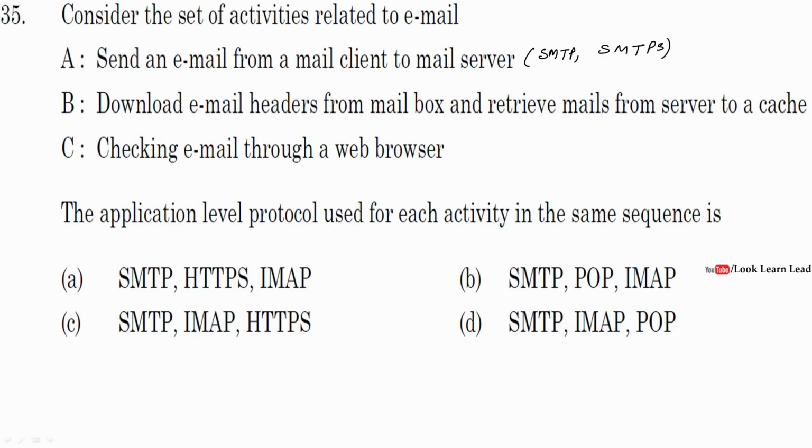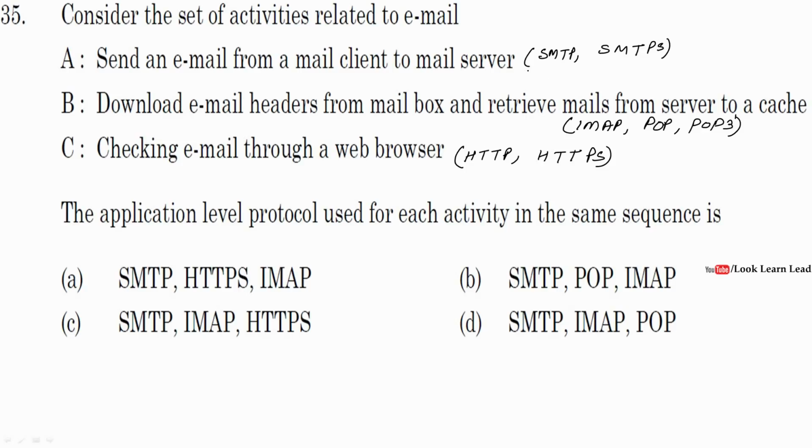For downloading the email, you can use IMAP or POP or POP3. For checking the email through a web browser, you can use HTTP and HTTPS. These are the protocols which are used. Now let's check.